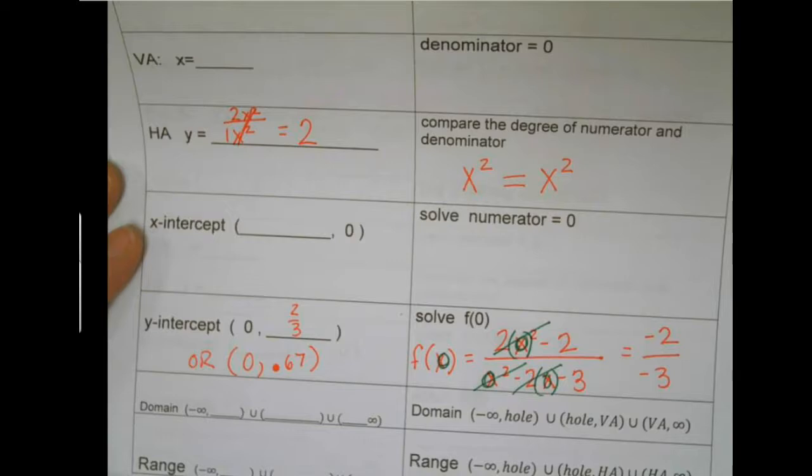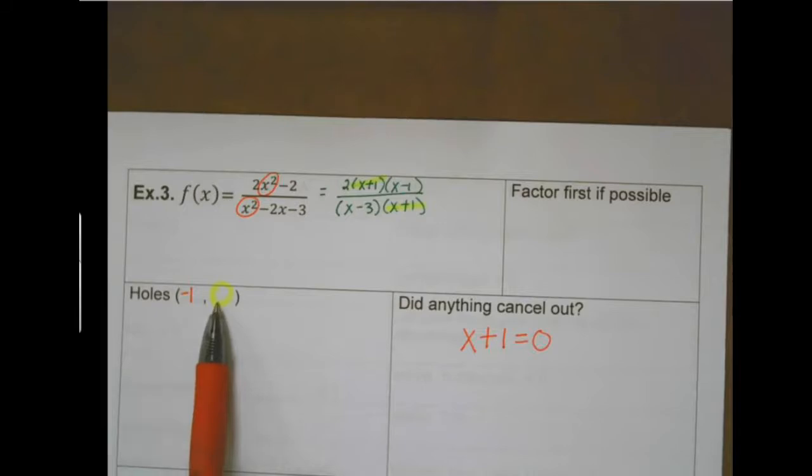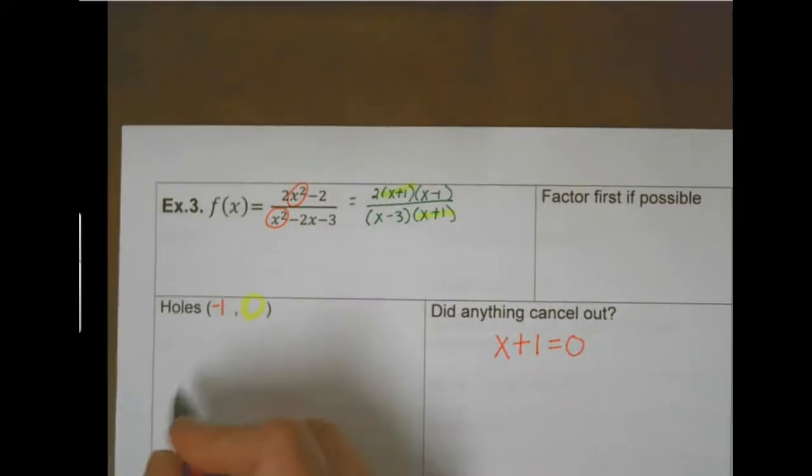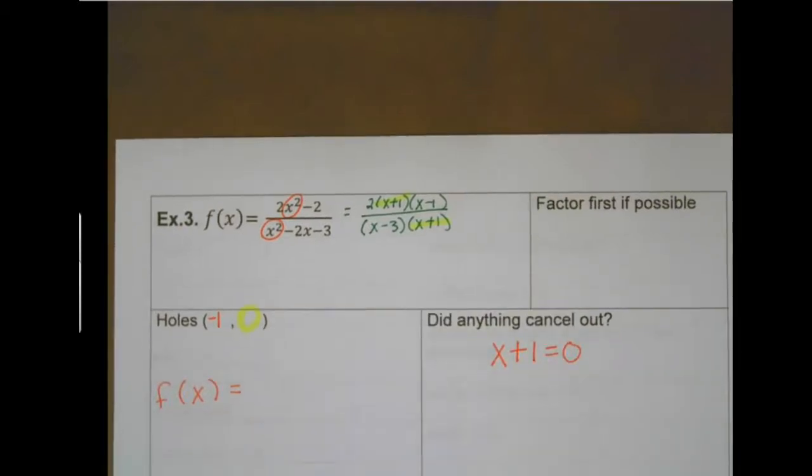Now, we can't figure out our range yet because there's something else up here at the top we still have to figure out. This hole is a point on the graph. A point on the graph has an x value and a y value. So we need to figure out the y value. How? What is the part of the graph after you factored and canceled?